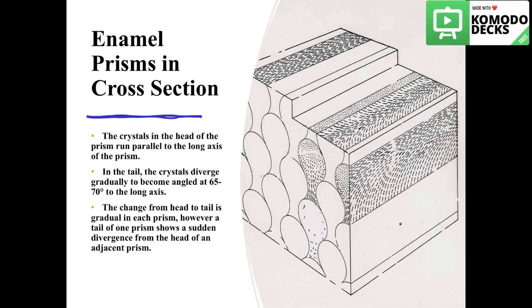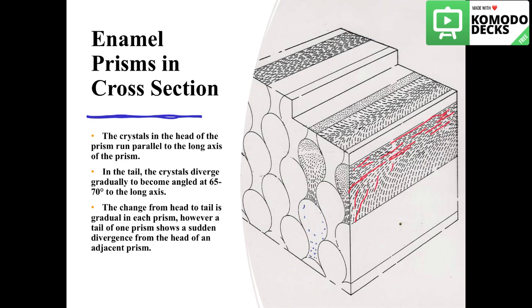So the keyhole pattern can be seen here very clearly. There is a head and a tail. The tail is between two heads. The crystals' direction in the middle is different than at the boundaries. The crystals deviate at the boundaries, as I have just explained. Also, the crystals in the middle or in the head have a different angle than the tail.